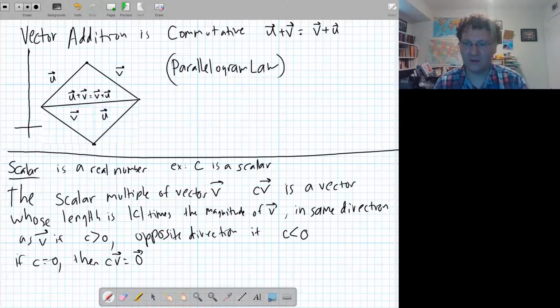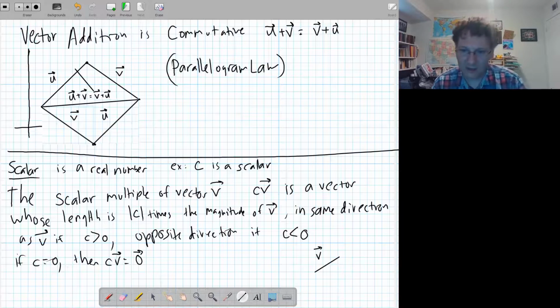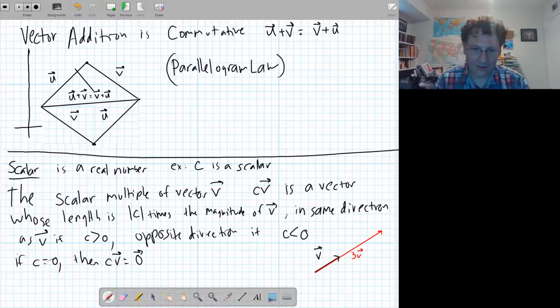I'll show you what that would look like. If this was my vector v, then I'll see if I can put it in red. This would be like 3v, and then I'll do it in blue, roughly that.